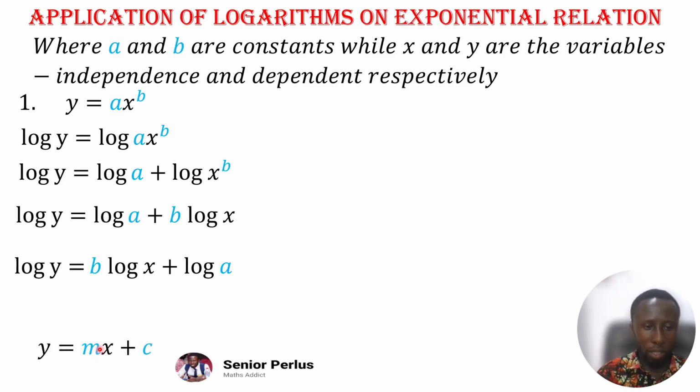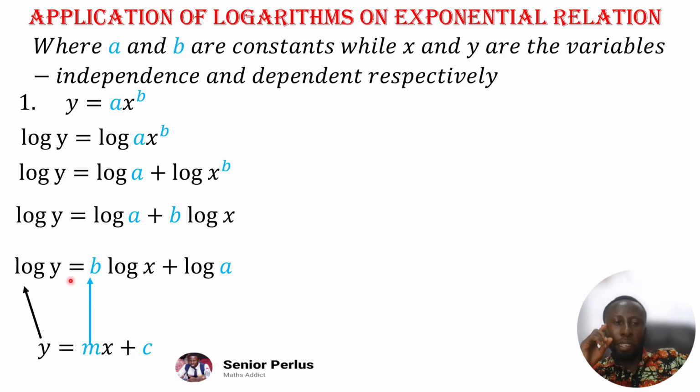So from here, the log y is my y, and the b is my m. The m here is the gradient. That's the equation of a line. And our x is the log x, and our c, that's the constant, is the log a.